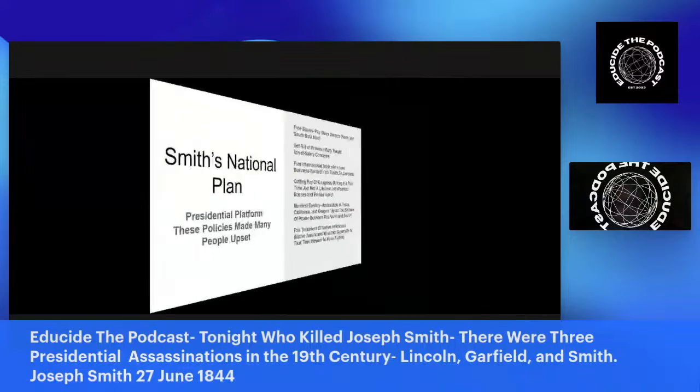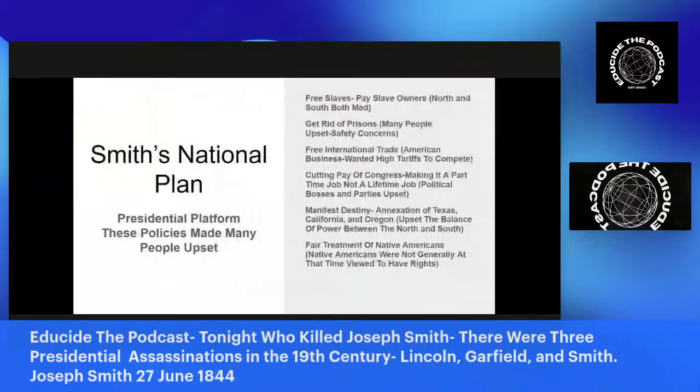This plan made these people very upset. Free the slaves and pay slave owners: both the North and the South got mad. Get rid of prisons: many people were upset because of safety concerns. Free international trade: American businessmen wanted high tariffs to be able to compete.